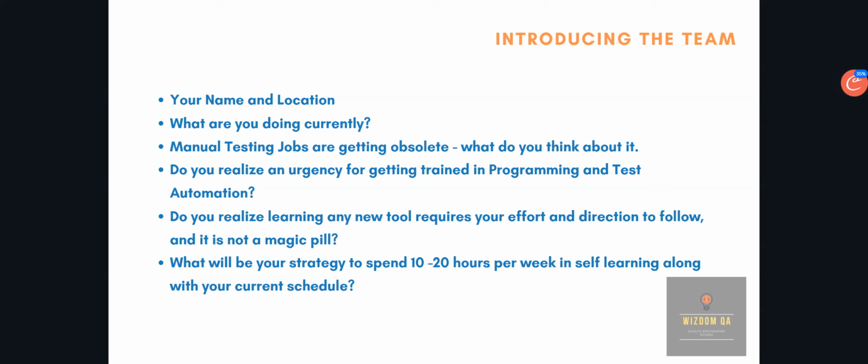Hi, Joseph. Could you please come online? Hi, my name is Joseph Onwelu. I reside here in the UK. Currently, I work as a manual tester, and I've been doing manual testing for a while now.